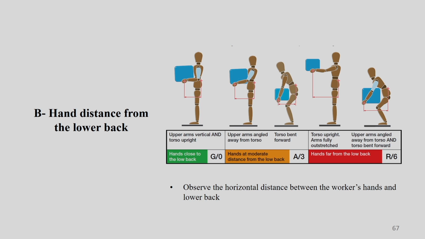Because to hold that posture for some hours, your trunk muscles need to work more. So that is why it is very important for us to understand where the load is. If it is close to your body, the whole CG will remain near to the neutral position. If it goes away from your body, your CG also will move.